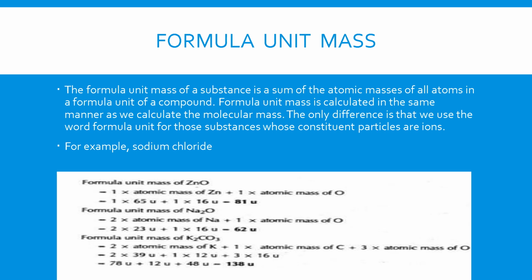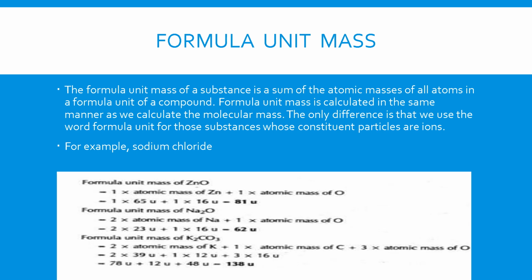We use the word formula unit mass when the substance's constituent particles are ions. For example, here the formula unit mass of zinc oxide.